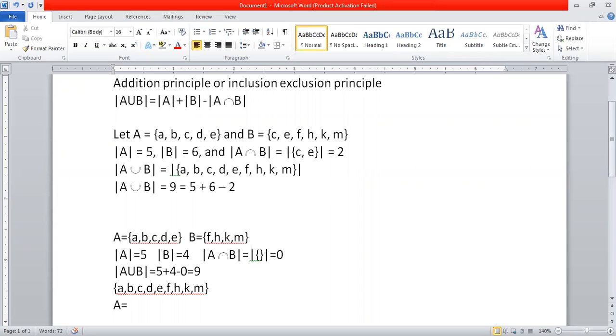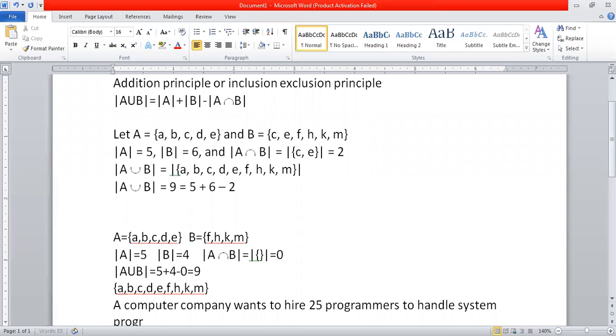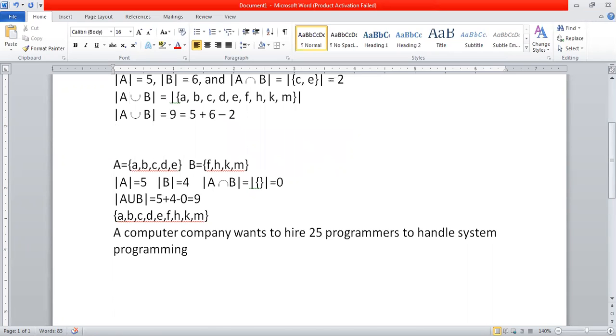This is your problem. If we have a computer company that wants to hire 25 programmers to handle systems programming jobs and 40 programmers for applications programming.